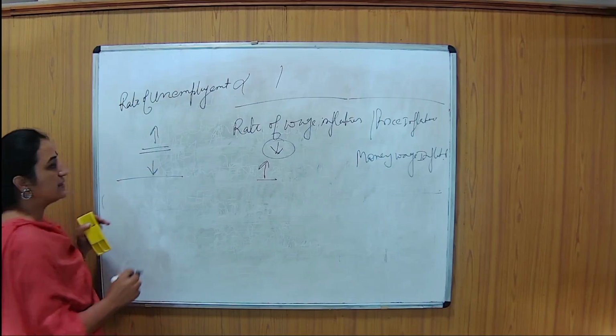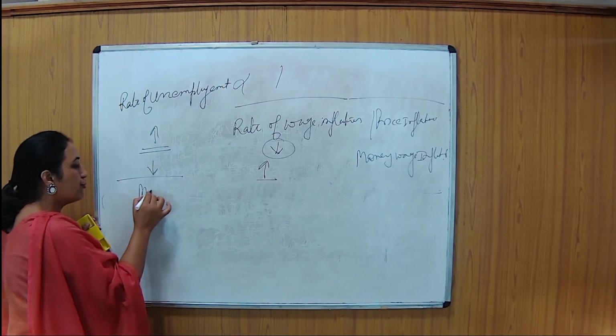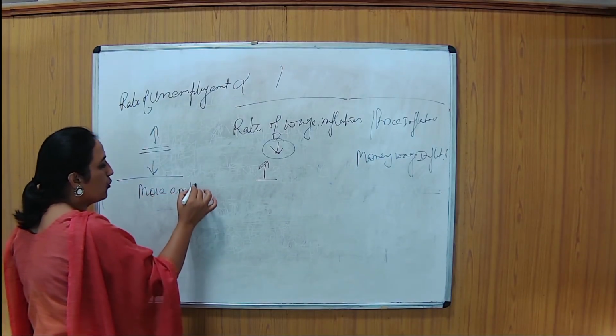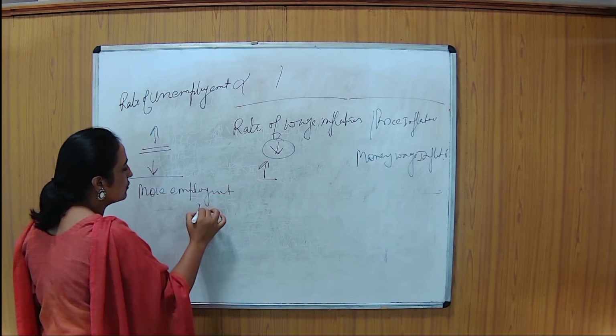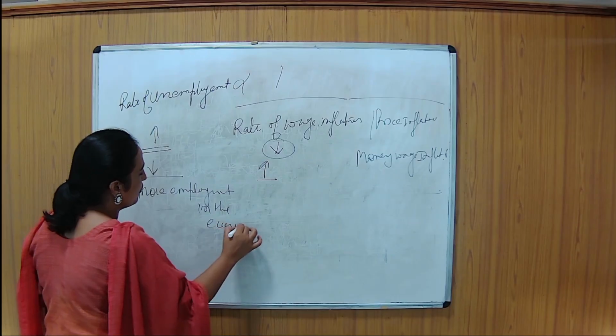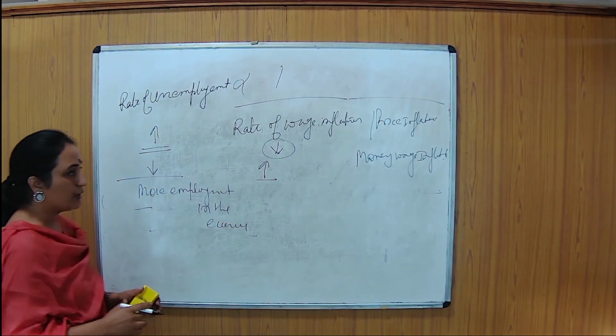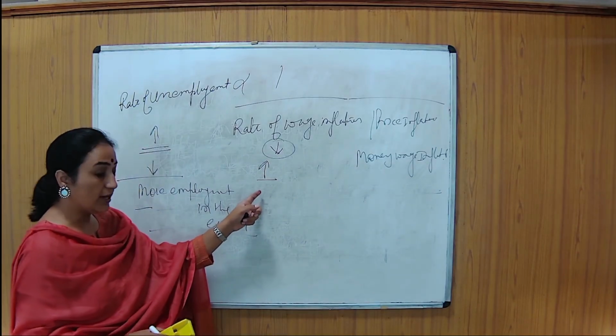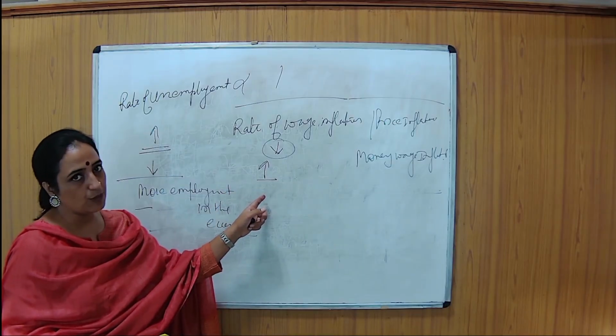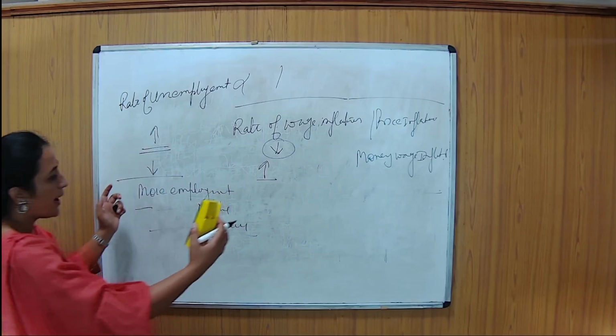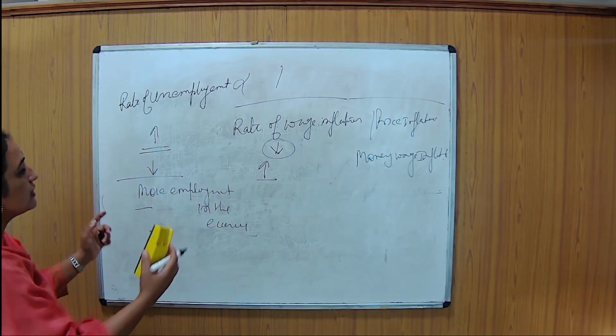So a decrease in unemployment means more employment in the economy. More employment in the economy means there will be more inflation in the economy. So here we find a very interesting relation.